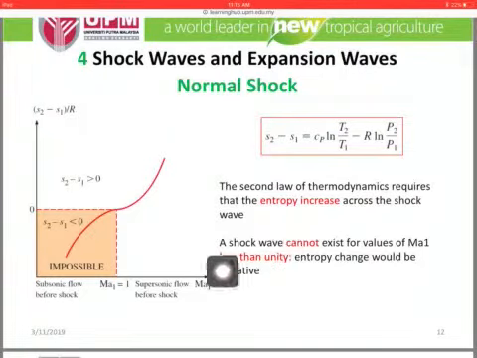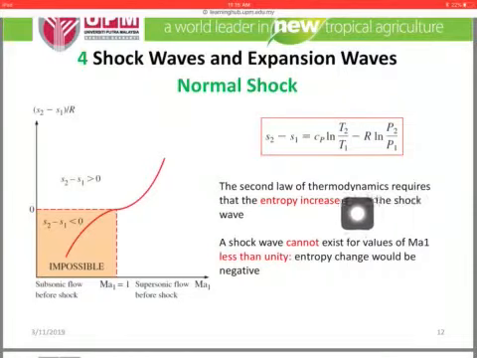So what does it mean? If you look at this diagram, this is the line made by this formula. When the Mach number is equal to 1 and lower, the change of entropy will be negative, which is lower than 0.